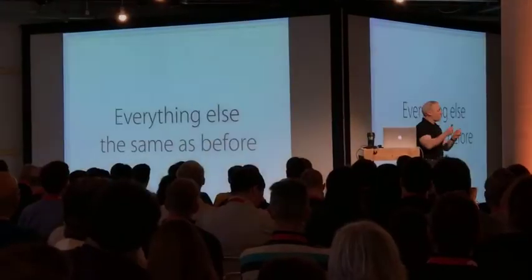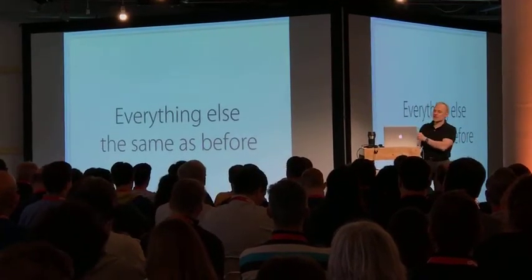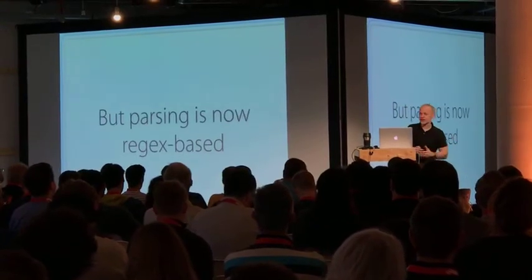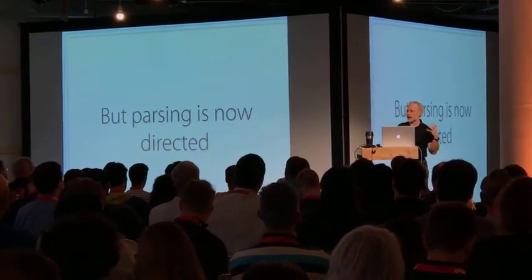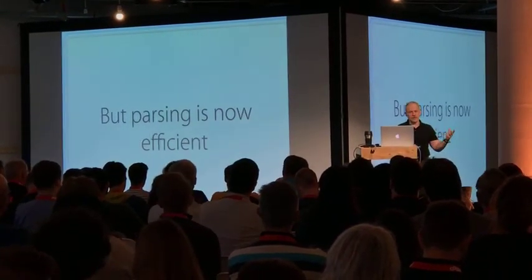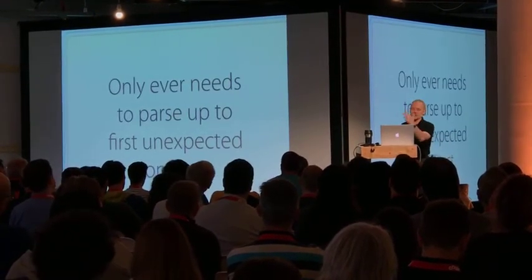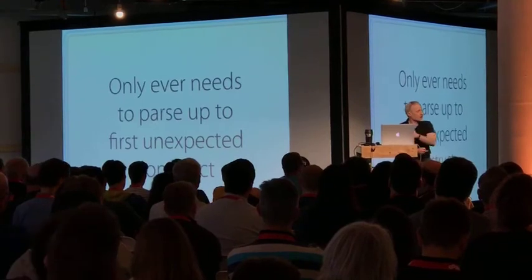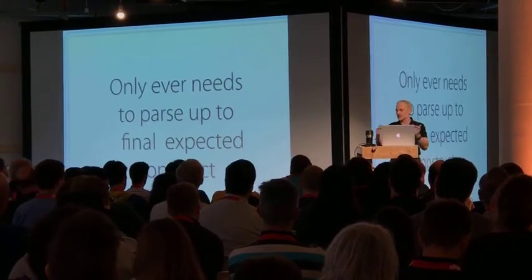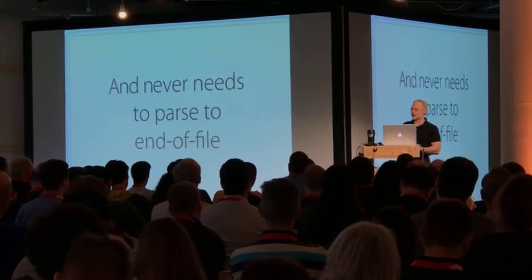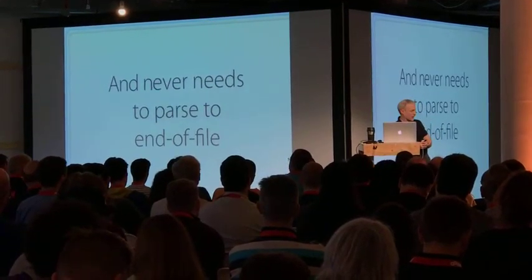And everything above that level is exactly the same as before. But now the parsing is based on regexes, so you can direct it so it's efficient. It now only ever parses up to the first unexpected part of the trailing code or to the last expected part of the trailing code, and it never needs to parse to the end of the file unless your keyword is at the end of the file.